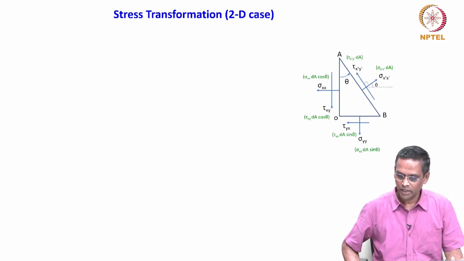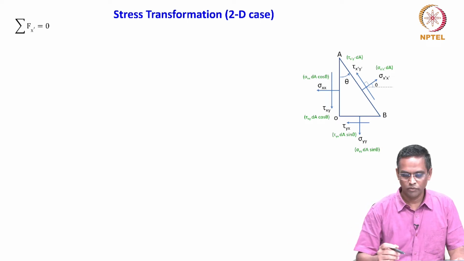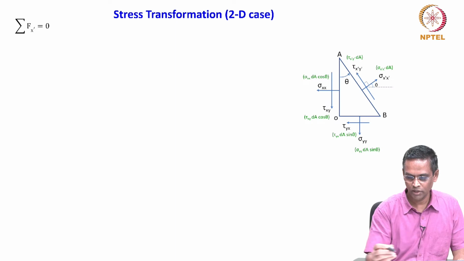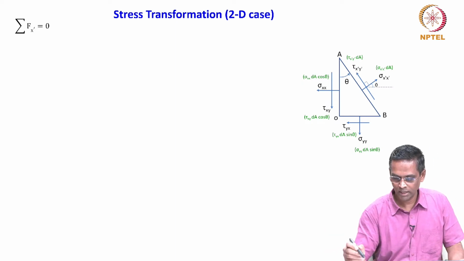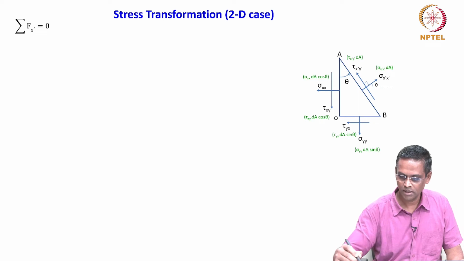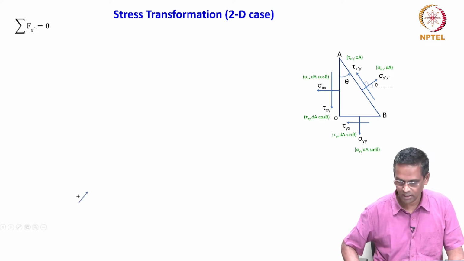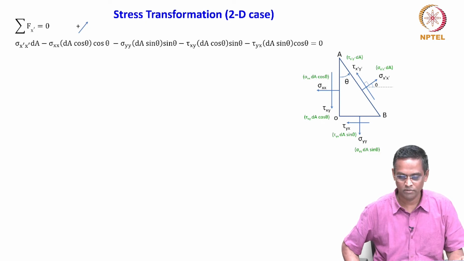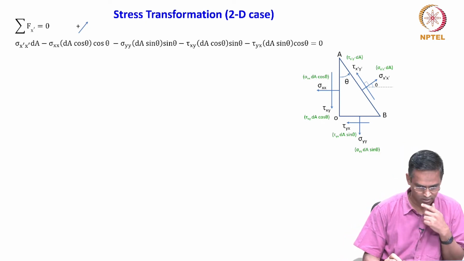So, again I will bring that geometry for your convenience. We are going to look at the total net force, assume that as 0, and then write all the forces pertaining to this direction, right. This is the sign convention that we just talked about. Now let us look at this equation.